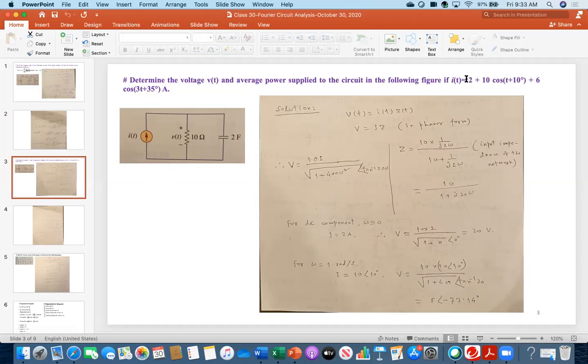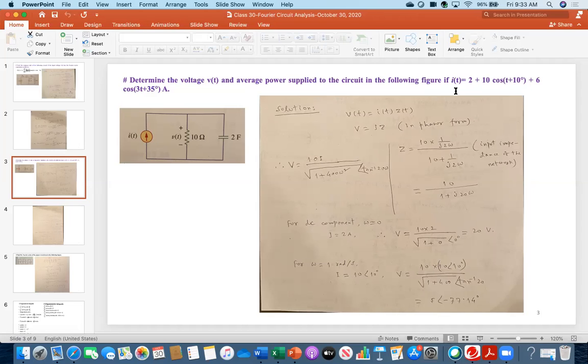First, consider if I have IT as 2 DC amperes, then what is VT and the average power for this circuit? Next, consider this one with omega 1. And then the third time this one, 6, which means omega is 3. The magnitude is different: 6 at angle 35, here 10 at angle 10 degrees.